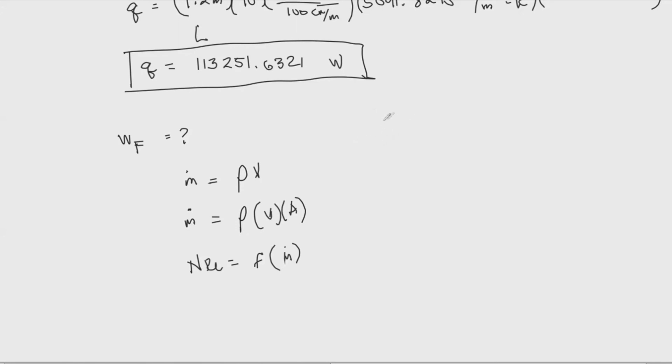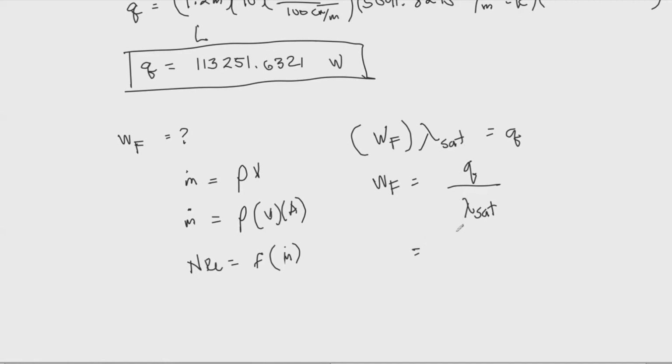So in that case, if you would take the flow rate of this condensate and then multiply that with the latent heat of vaporization, you're actually taking the equivalent of the heat that you have. So the easiest way to find WF is simply divide this Q by the latent heat of vaporization.